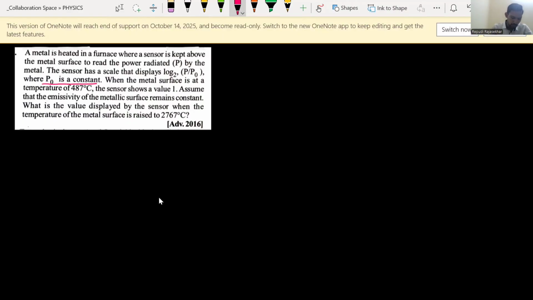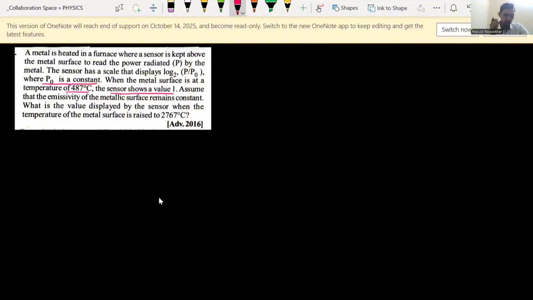When the metal surface is at a temperature of 487 degrees, the sensor shows the value 1. Which means there is an instrument called a sensor. Whenever the temperature is 487 degrees centigrade, the reading shown is 1. Fine. Assume that the emissivity of the metallic surface remains constant.